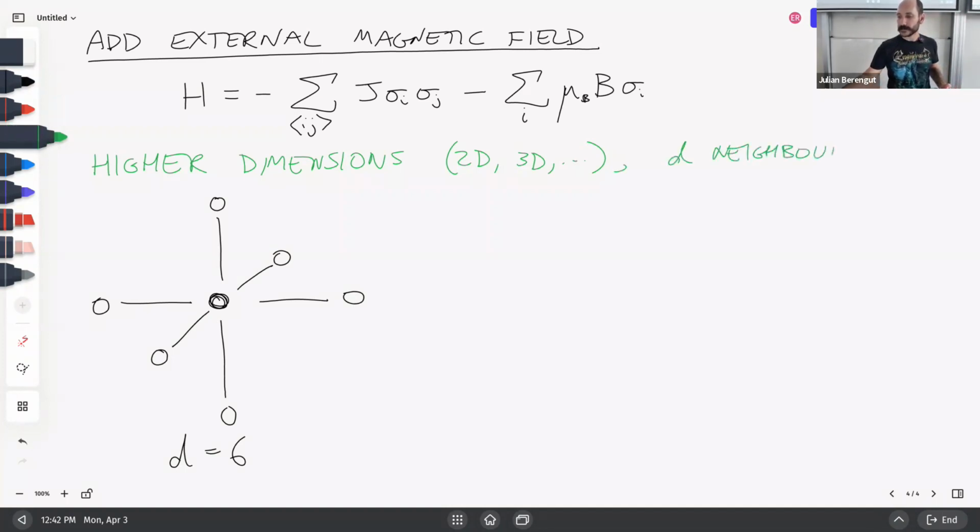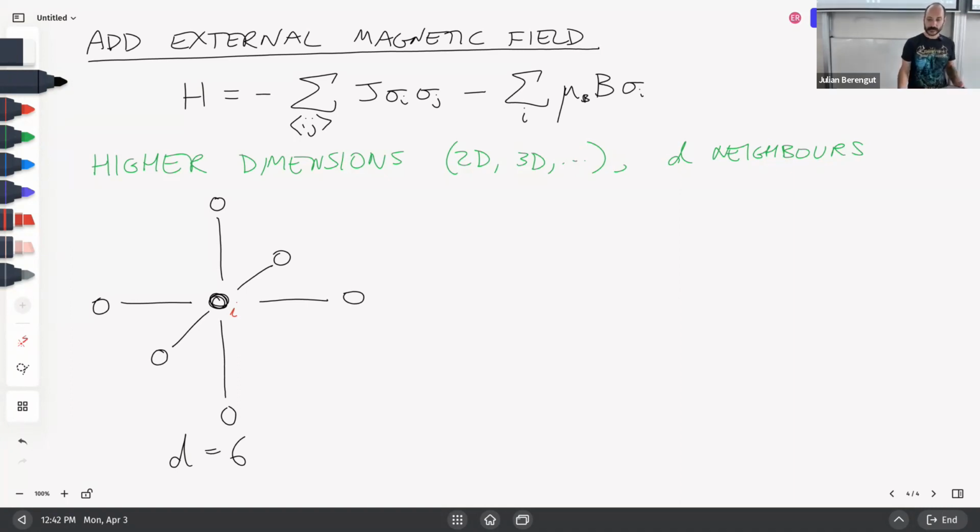So we'll write D neighbors. Before, we had 2 neighbors, one in front and one behind in one dimension. Now we've got more neighbors because we're in higher dimensions. So, for example, you might have your spin i here, and then all of the ones that I've shown are j's. There's 6 of them.